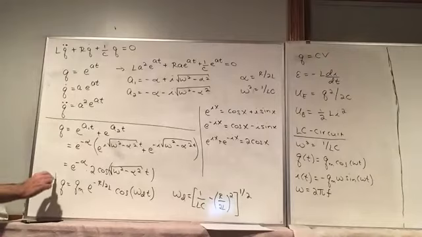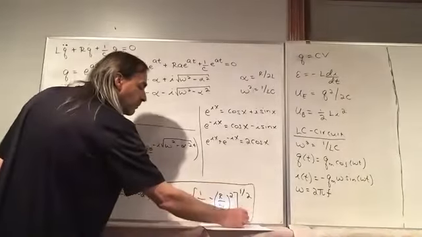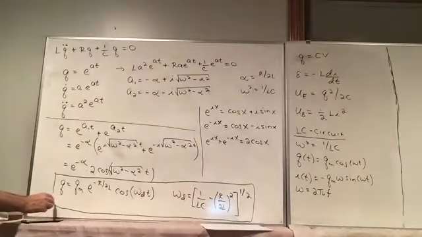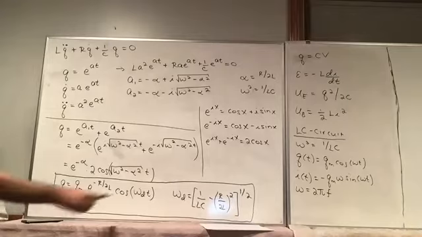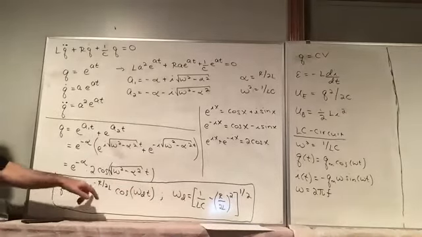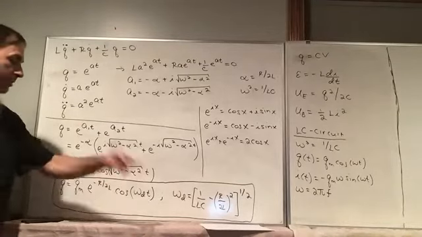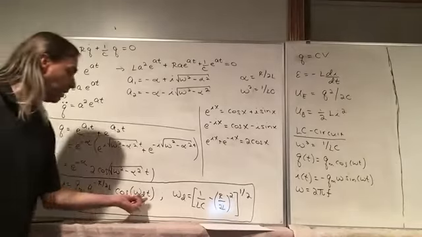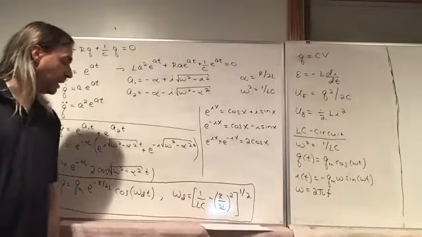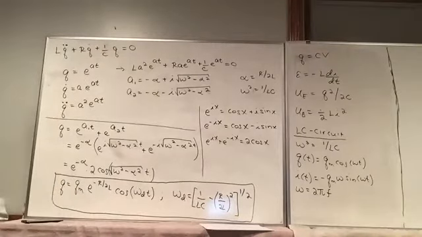So this is the solution. It took a little longer than I wanted it to, but so Q is Q max e to the minus R over 2L times cosine of this frequency times t, where that frequency depends on the inductor, capacitor, and resistor.